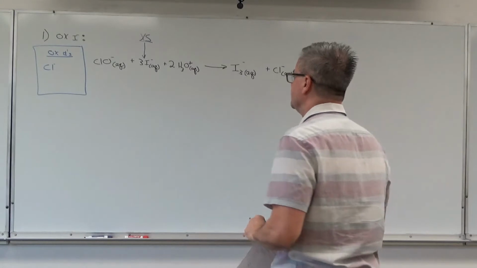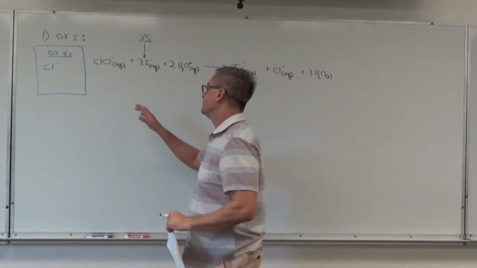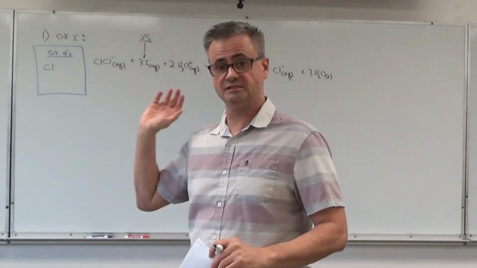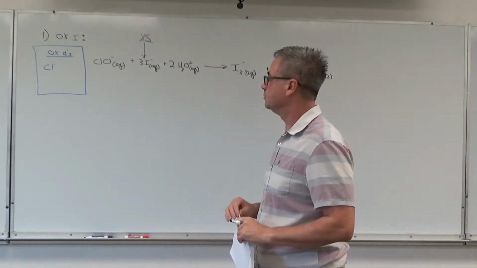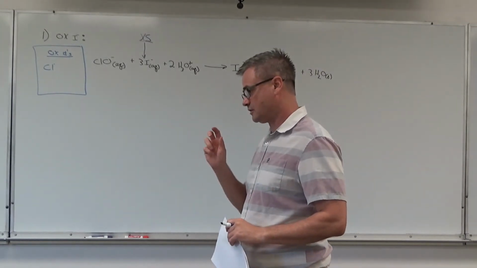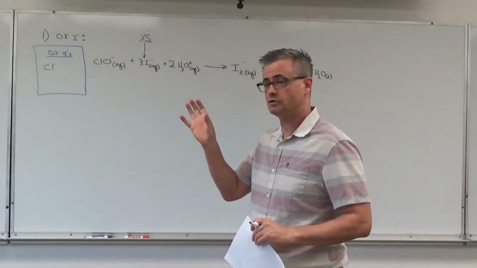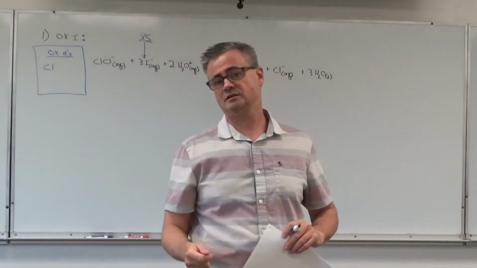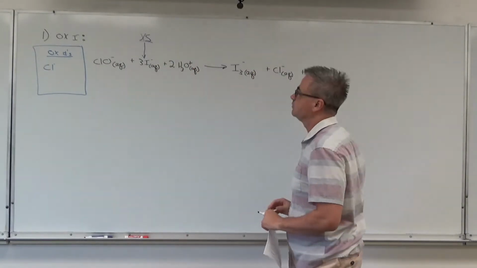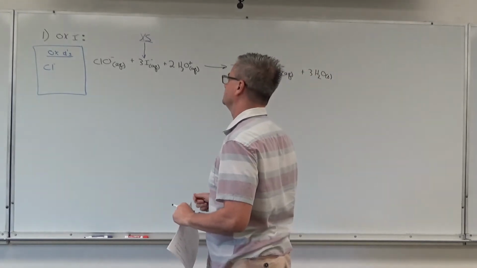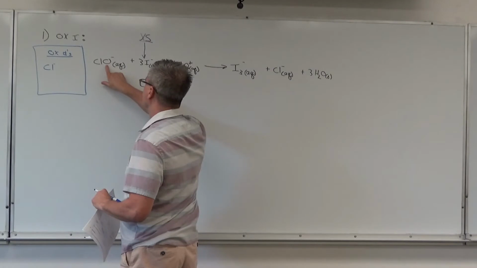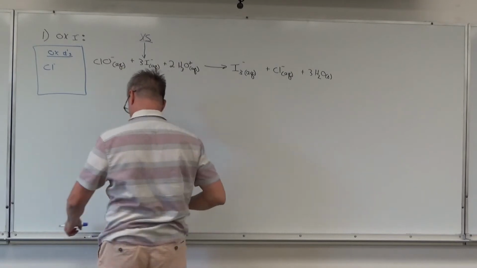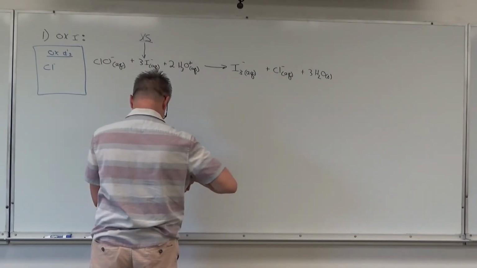Remember, in doing oxidation numbers, a lot of the time you may not be totally sure what oxidation number all the elements have, but you may be able to figure it out by knowing some of them and knowing the overall charge. So this is a polyatomic ion, right? We know that 99% of the time oxygen is a -2. That's a real easy one we can pretty much always count on. So if it's a -2 and the overall charge of the polyatomic ion is a -1, this guy has to be a +1 oxidation state.